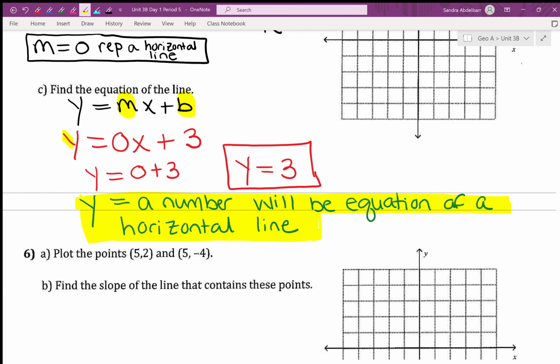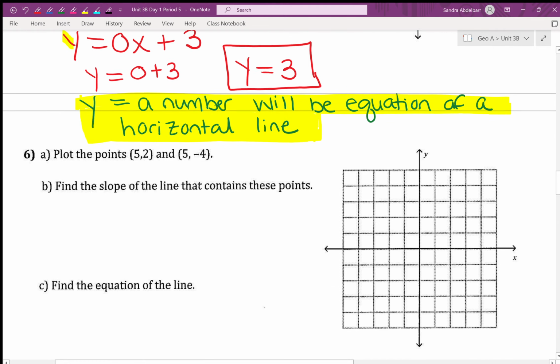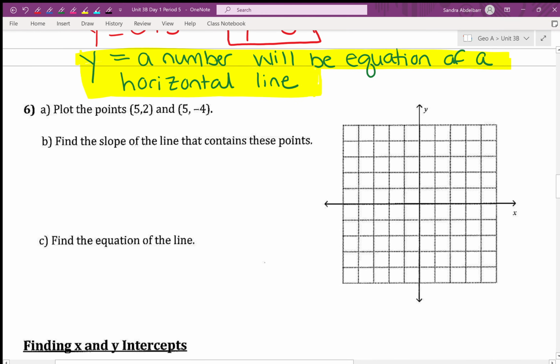All right, so we talked about a horizontal line. Guess what we're going to talk about now? Katie? A vertical line. All right, so let's plot these 2 points. What do we realize about (5, 2) and (5, negative 4)? Allie? Oh, same x. Good. They have the same x. So let's plot these points.